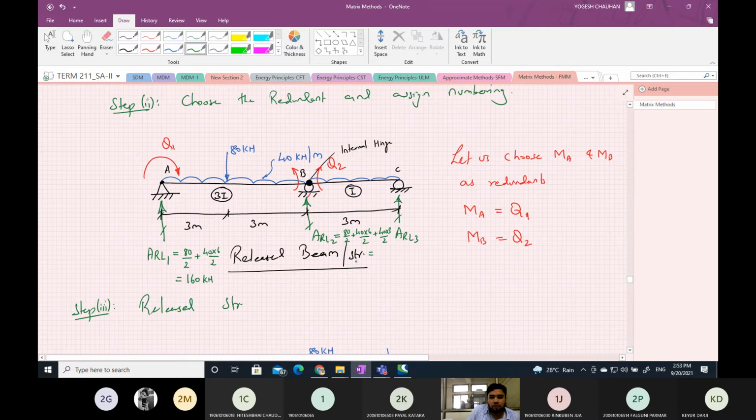So that will be equal to 160, that is this 160 plus 60, that is 220.